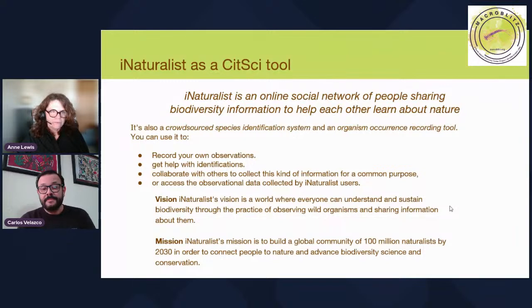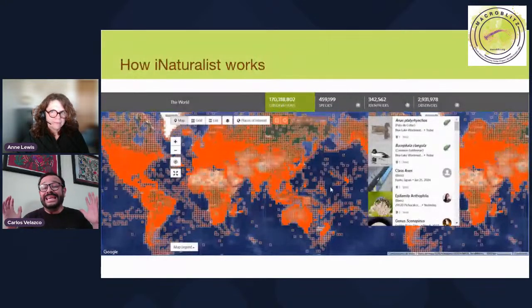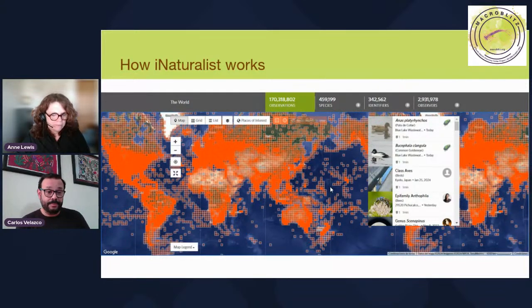Okay, iNaturalist, and let me tell you about this. It's this world community, and when we talk about the whole world, it really goes to the whole world. Here are some numbers, and we can see in the map that pretty much all the planet is already covered with observations or records that people have made and shared in this platform. And look at this number: 170 million observations.